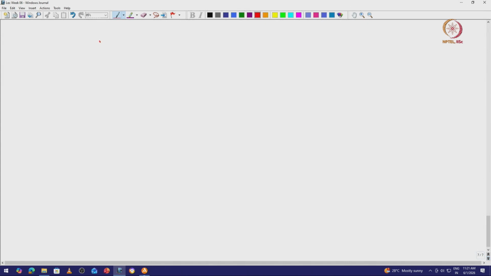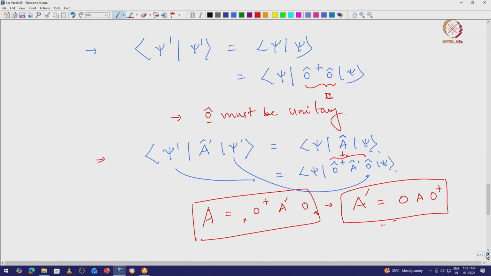And now, if I have an operator that commutes with the Hamiltonian, such a unitary operator we will denote by U. Okay.